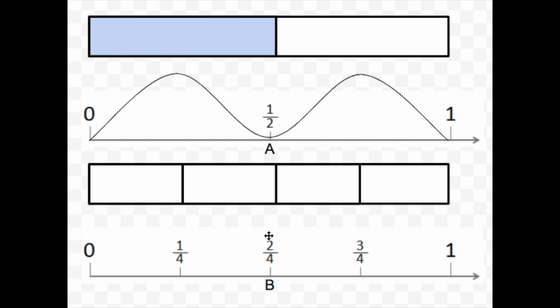And then let's look at our bottom number line. So again, we're going to count our jumps from each line to the next line so that we can figure out what our denominator will be. So let's count together. 1, 2, 3, 4.